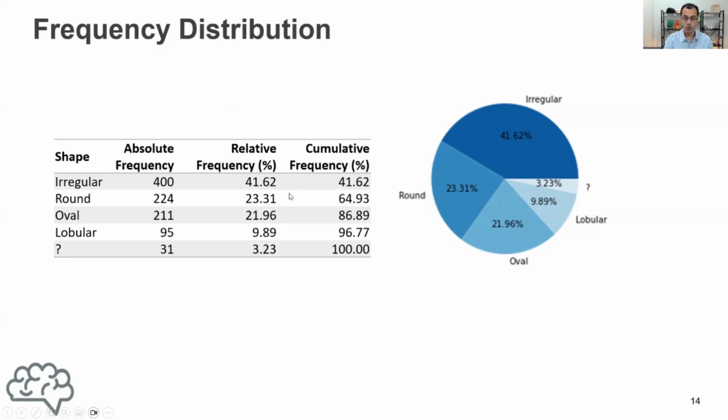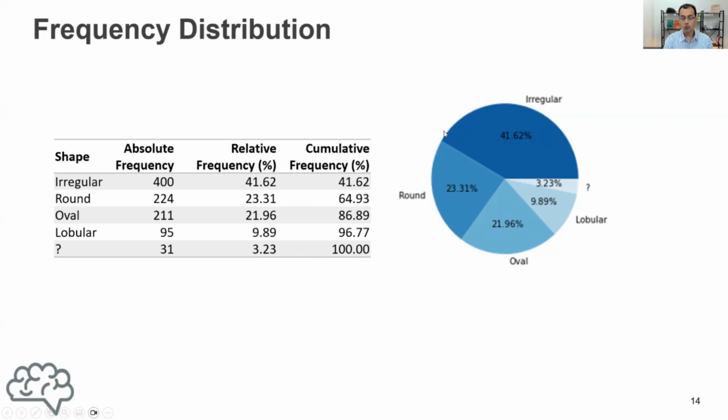So this value here is going to be this current value, which is 23.31 plus 41.62. The total is 64.93. Then I sum this with the previous two. I get 86.89. I sum this with the previous three. I get 96.77. When I sum this with all the previous ones, I have 100%.